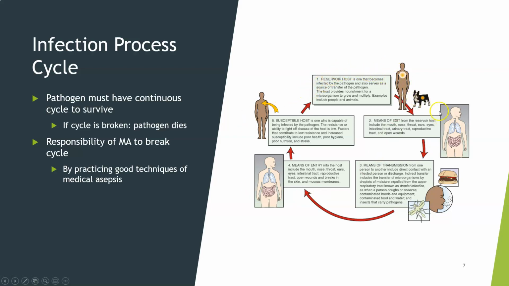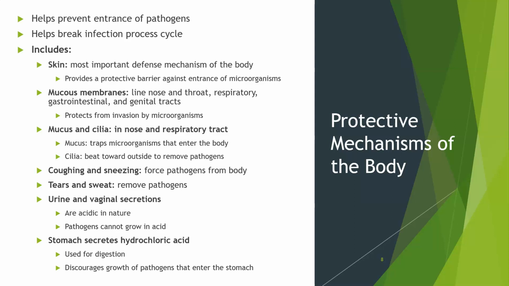How easily does it leave the host? How easily does it transmit? How easily does it enter the next host? And how easily does it bypass that host's immune system? And so understanding the infectious process cycle helps us understand how we can go about eliminating these disease transmissions.